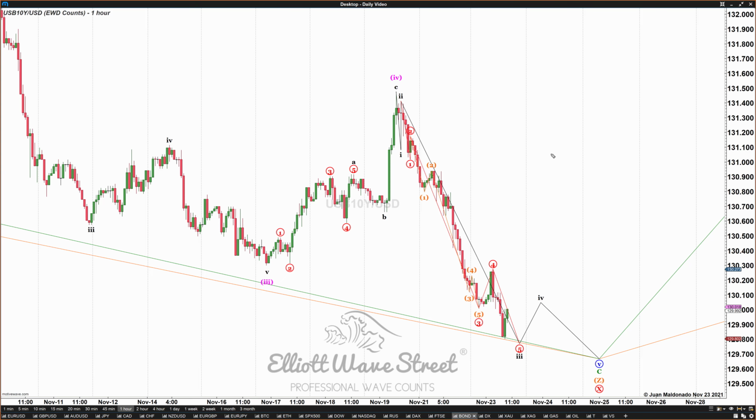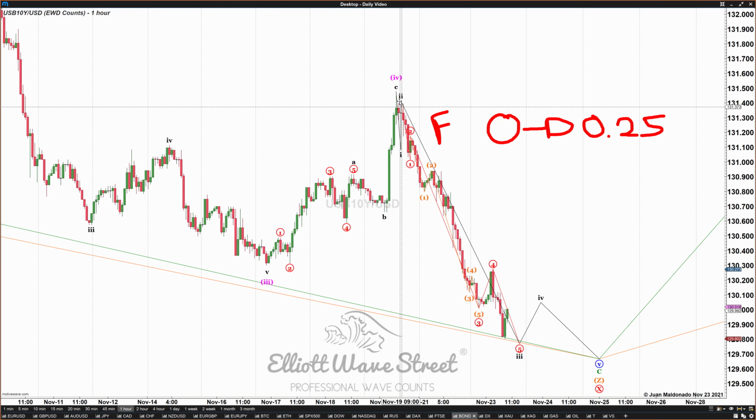The Fed these days is having an interest rate between 0 and 0.25. That's the Fed rate. What is happening with the market? You know that when the bond price is going down, the yield is going up.